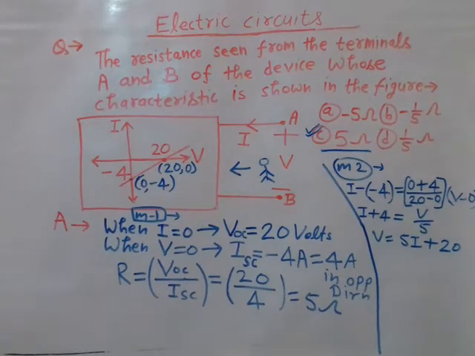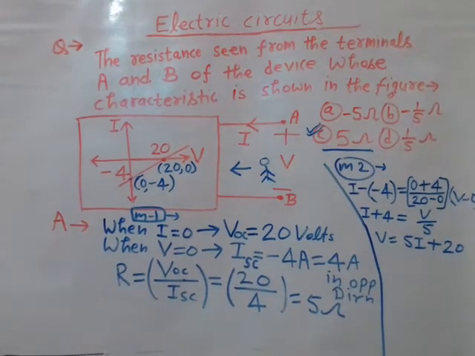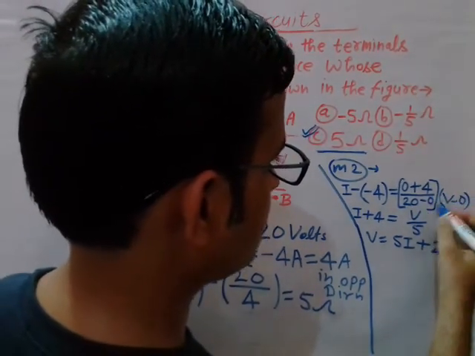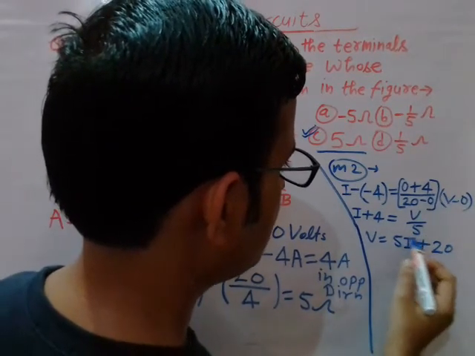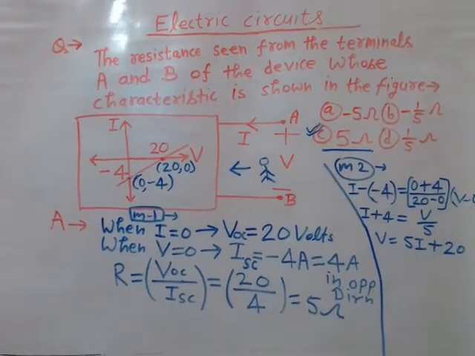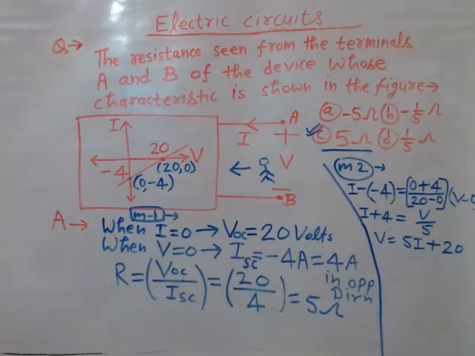So that is the equation of this line, right? V is equal to 5I plus 20.